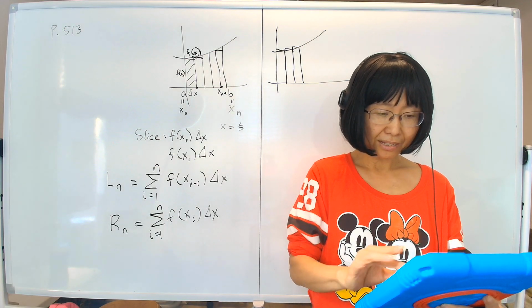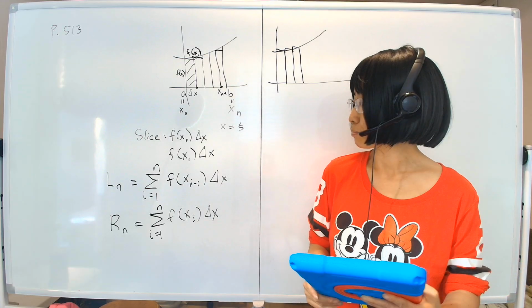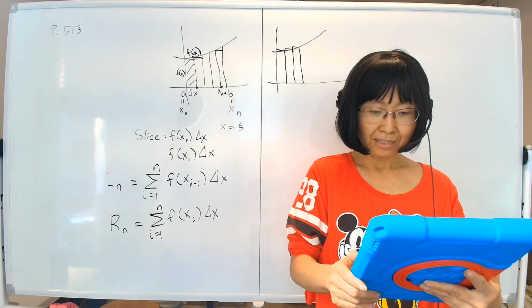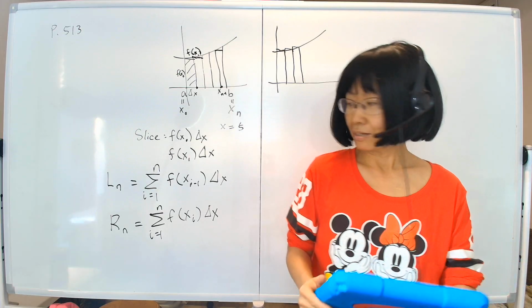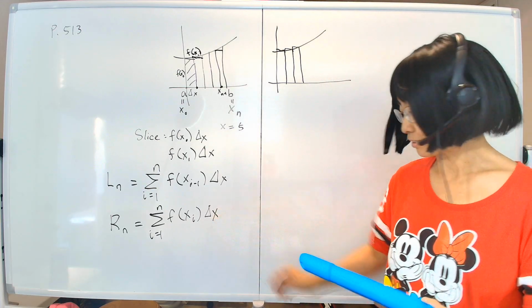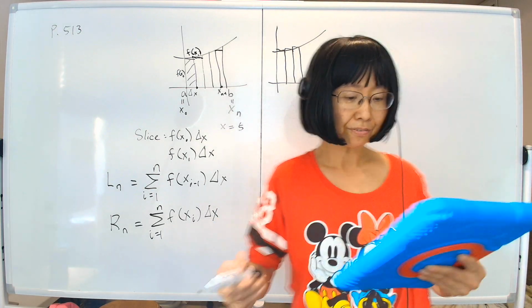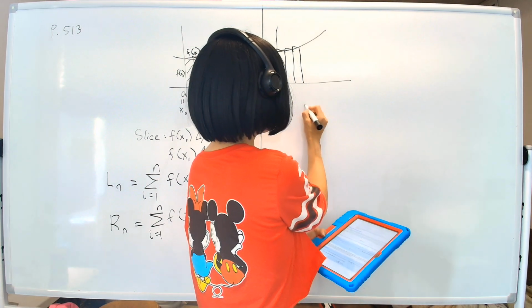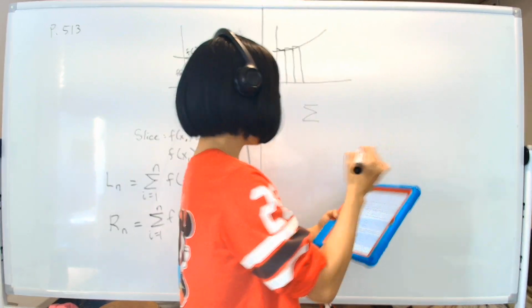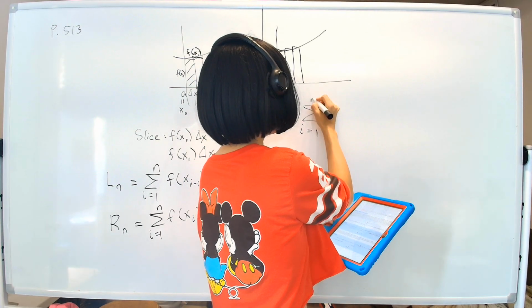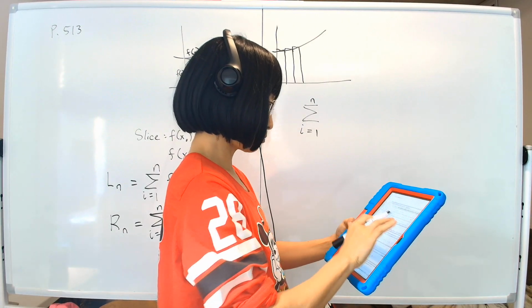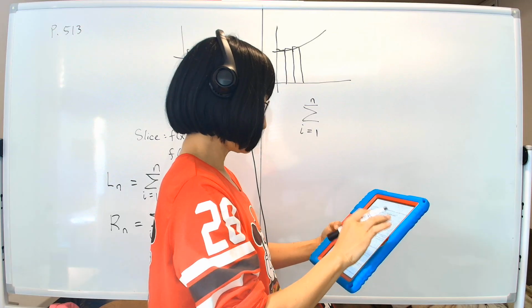The next concept we're going to talk about is the Riemann sums. The Riemann sum is defined as this particular summation, where i goes from 1 to n. It's on page 519.